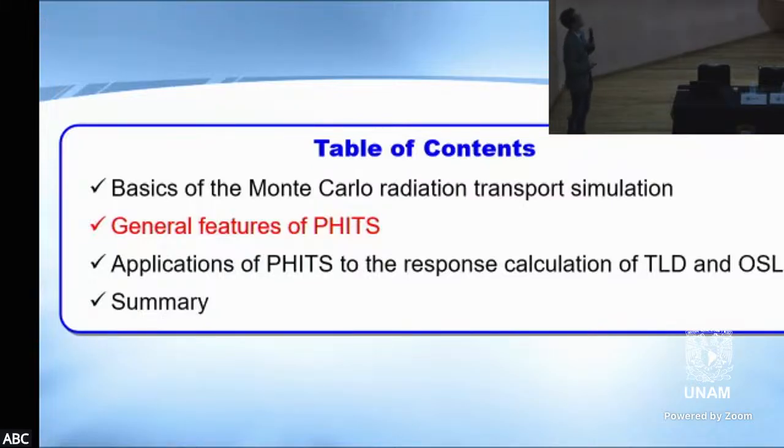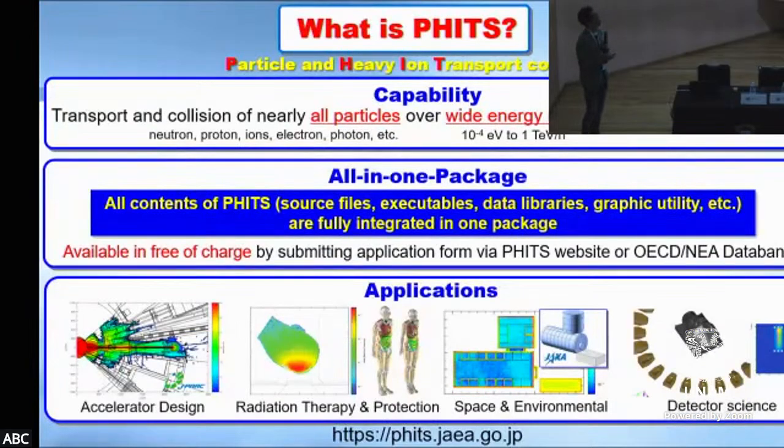But before that, I would like to talk more about the general features of the PHITS code. So what is PHITS? PHITS is a Particle and Heavy Ion Transport code System. It can analyze the transport and collisions of nearly all particles over a wide energy range, from thermal to 1 TeV per nucleon, using Monte Carlo methods. And it is an all-in-one package type code.